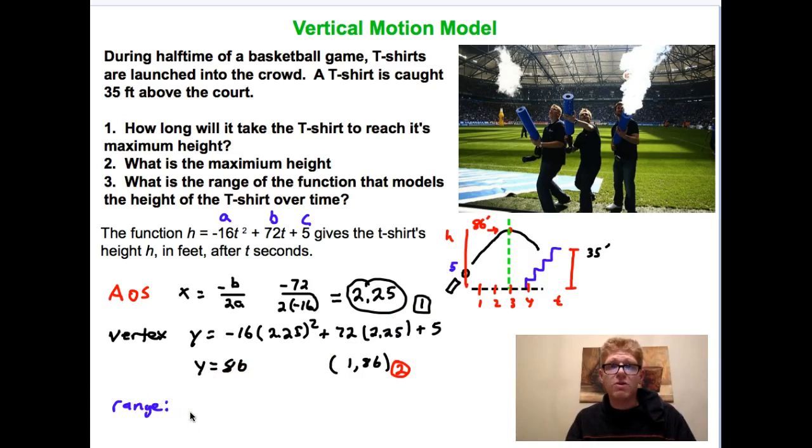Well, it can't have 0 because it starts at 5, and it can't have 1, 2, 3, or 4 because it starts at 5. So we know that 5 is going to be the smallest value that we can have. And we know that y is going to be greater than or equal to 5. But we also know that y must be less than or equal to its maximum height, which is 86. And that is the range of the function that models the t-shirt being launched. 1, 2, and 3.